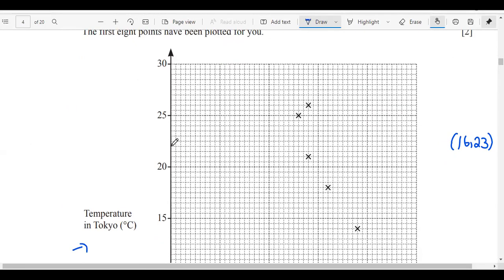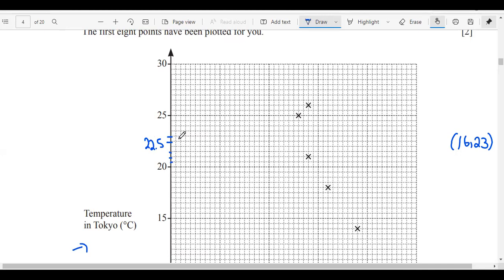This is 20. This would be the half of 20 and 25. That would be 22.5. Okay. This means that one small box is for what? 0.5. Very good. Okay.